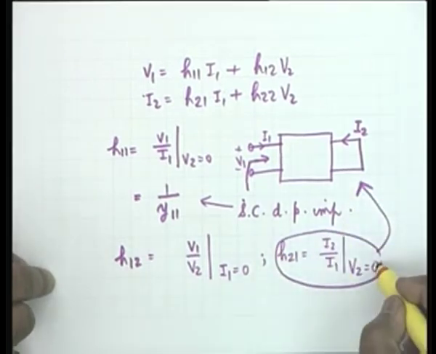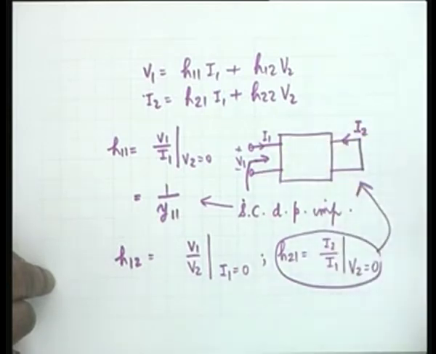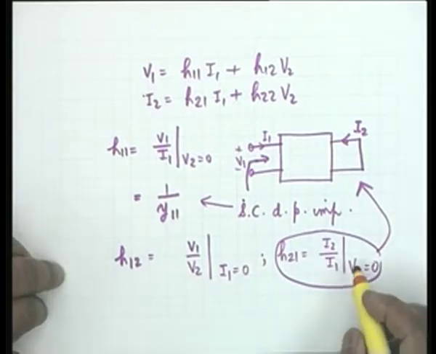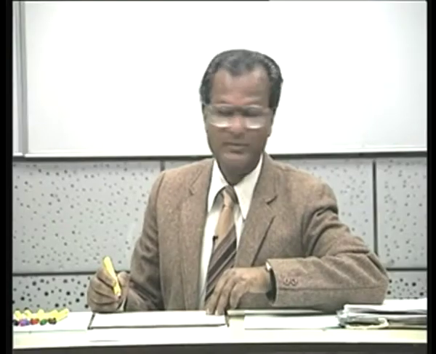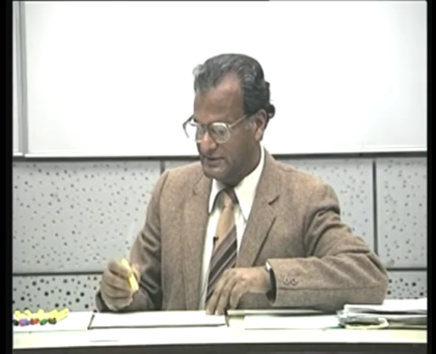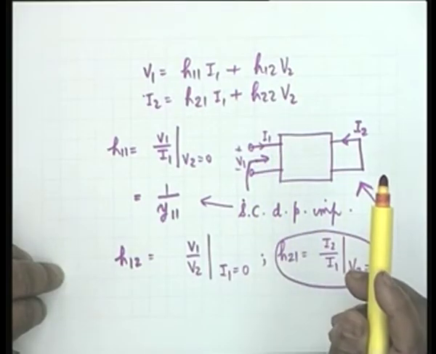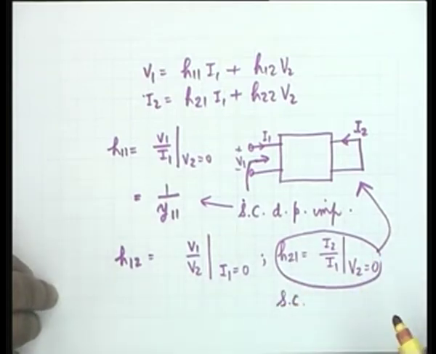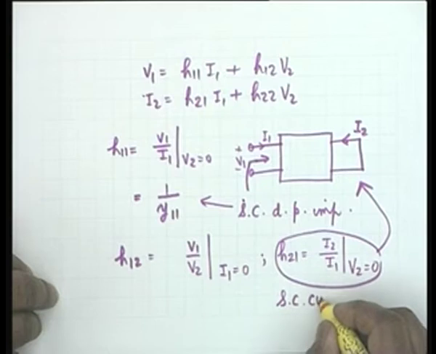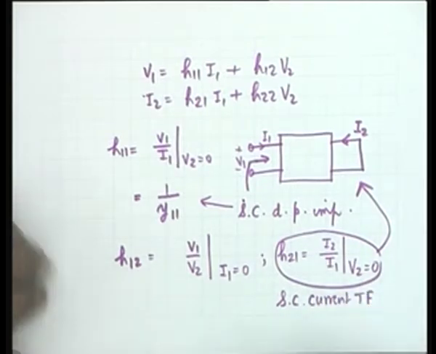Under the condition V2 equal to 0, find the ratio of I2 to I1, and that shall be H21, and as you see, H21 is a current transfer function. Agreed? It is a dimensionless quantity, the output current divided by input current with the output short circuited. So, this is the short circuit current transfer function.